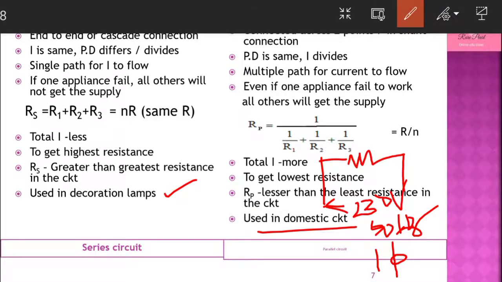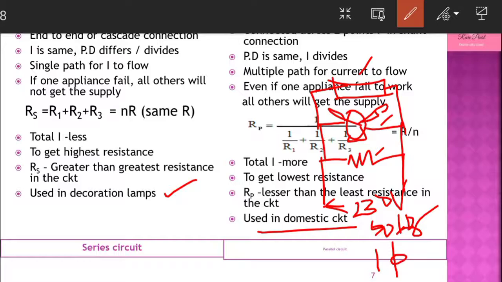All the equipment, maybe a fridge, washing machine, fan, or any other load, should be connected in parallel because they need to get the same voltage. And each equipment draws different currents, having different current ratings. So we need to go for parallel connection.